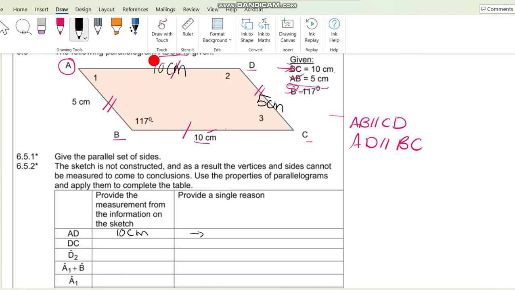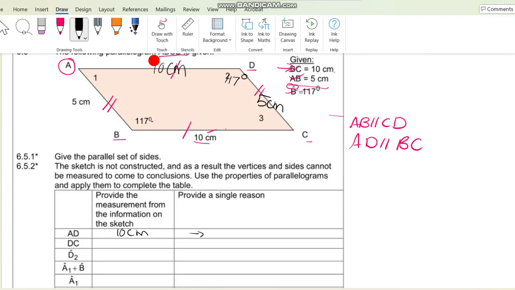Now in a parallelogram, we must say opposite angles will be the same. So if that's 117 degrees, that will also be 117 degrees. And then the reason: opposite angles of a parallelogram are equal. Oorstaande hoeke van 'n parallelogram is gelyk.